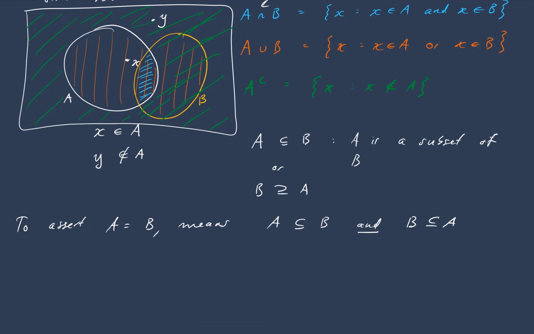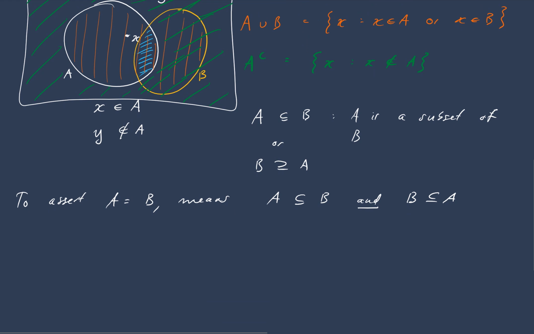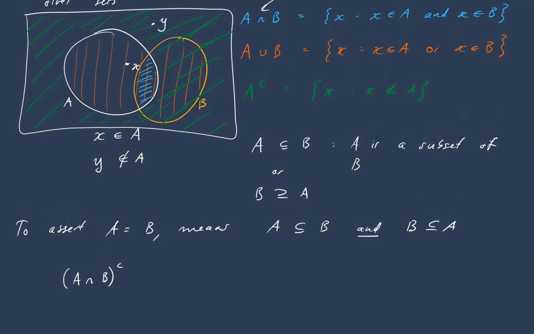Alright, and last but not least, a couple of handy laws, and I'll let you see if you can figure out diagrammatically how these work. The complement of the intersection of A and B, okay, so we're looking at everything in our picture outside of the little blue region, is equal to the complement of A unioned with the complement of B. Okay, so maybe you can see that by looking at the picture.